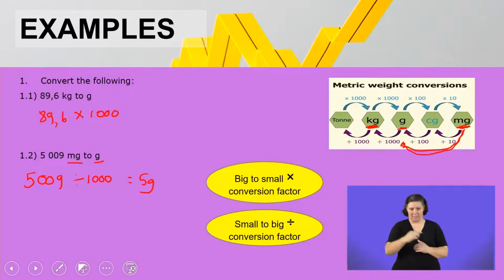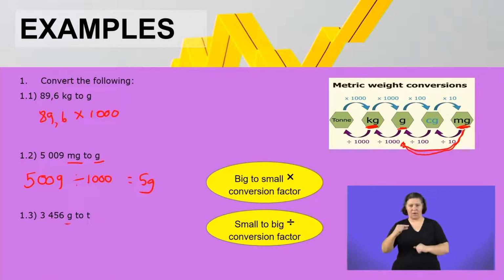Okay, then looking at the third example, this time around I have 3,456 grams, and I must convert that to tons. So let's look. I have grams, and I must convert that to tons. Question number 1, big to small, small to big. Grams is smaller, so therefore I'll have to divide.